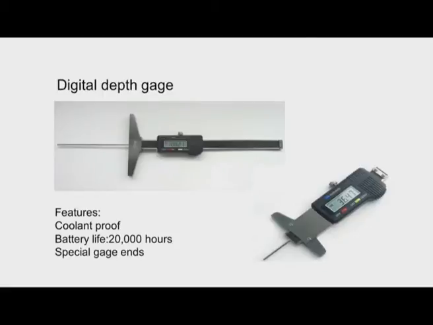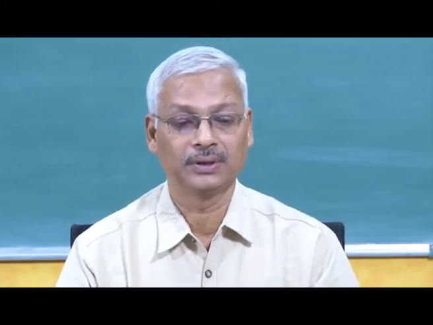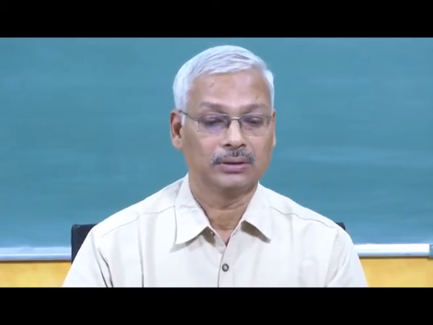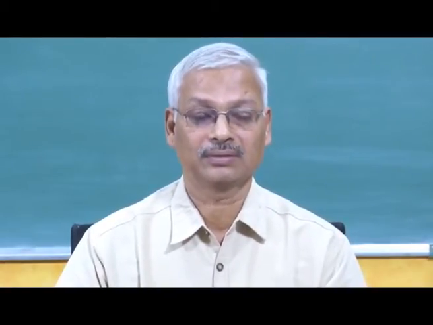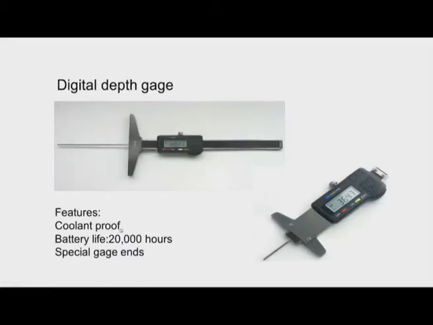And now we will move to digital depth gauge. Digital depth gauges with very excellent features are available. Coolant proof digital depth gauges are available, which can be used in a very harsh machine shop environment, and different ranges and different resolutions are possible.